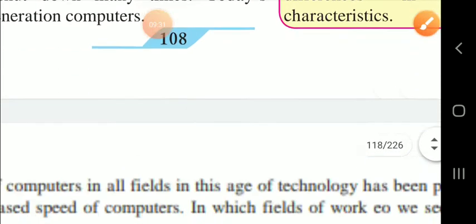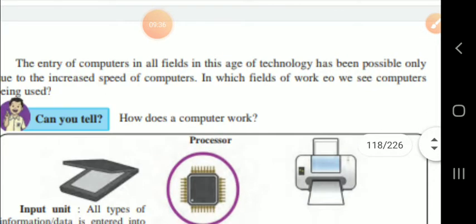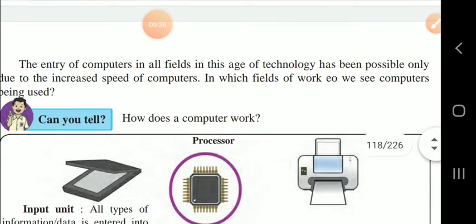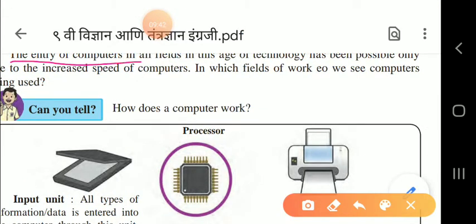So this point we have to underline: the entry of computers in all fields of technology is possible only due to the increased speed of the computer. Now, in which fields of work do we see computers used, and how does a computer work, that we will see now.